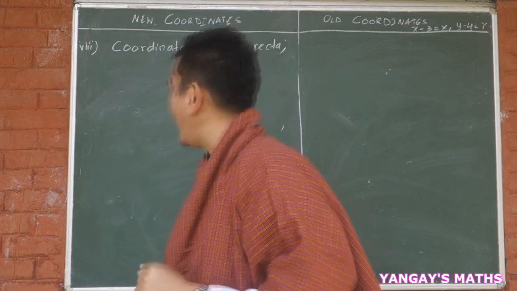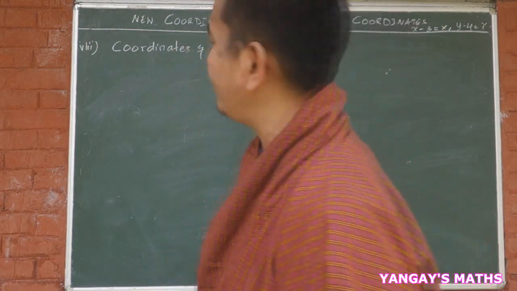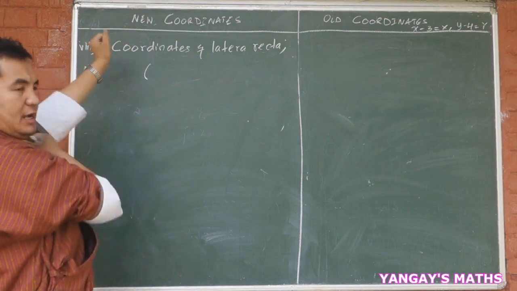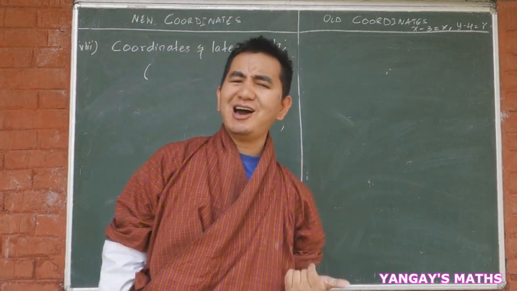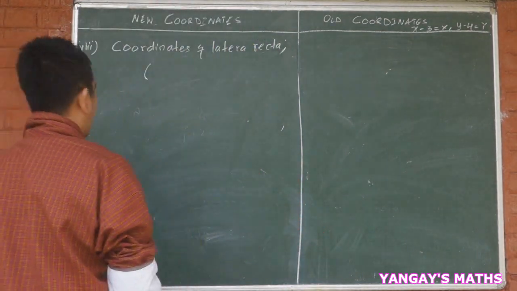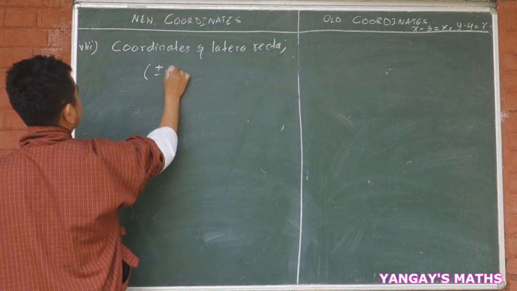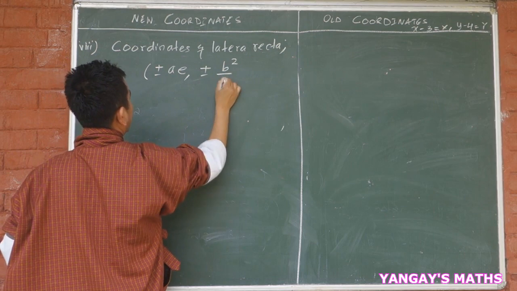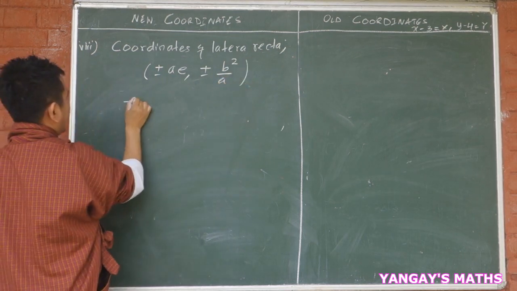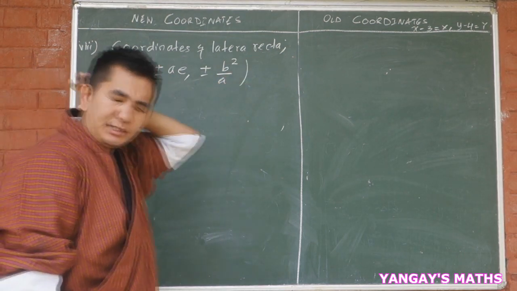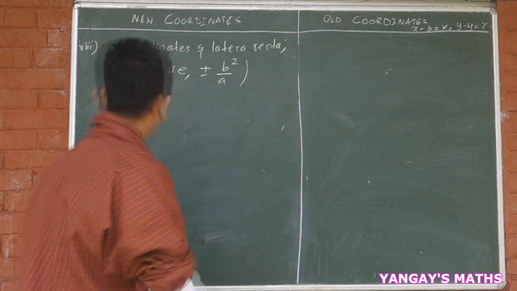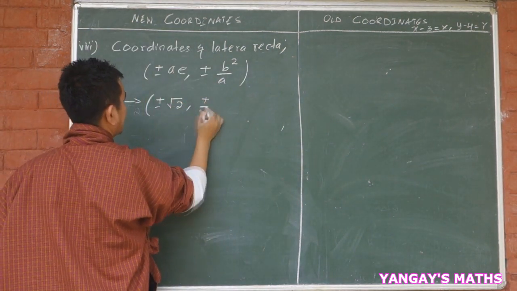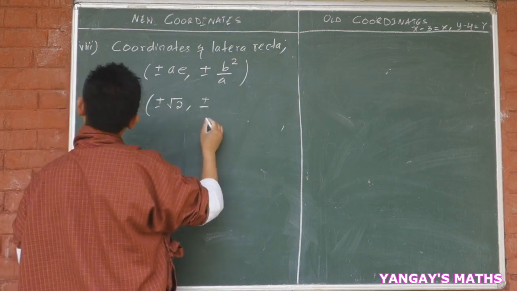Okay, last one. We have coordinates of latus rectum. The coordinates of latus rectum are given by, see, focus lies on the x-axis. So if the focus lies on the x-axis, we have plus or minus ae, comma, plus or minus b squared by a. I have already calculated plus or minus 2 root 2 times 1 by 2, which is root 2, comma plus or minus, what's the b squared value?